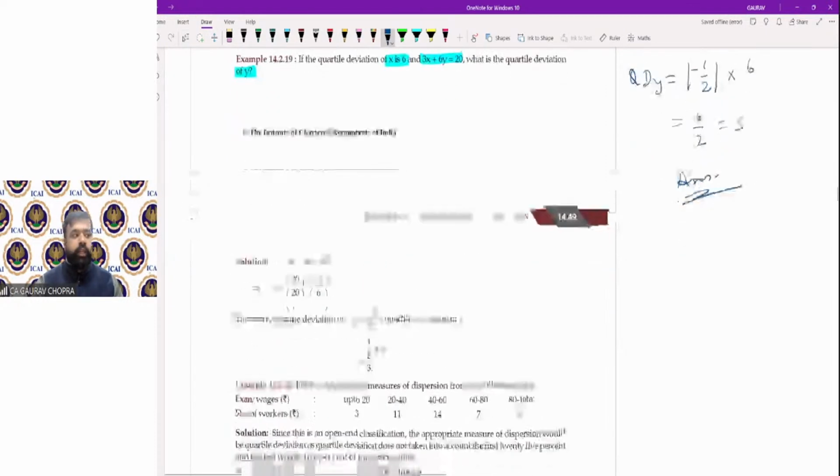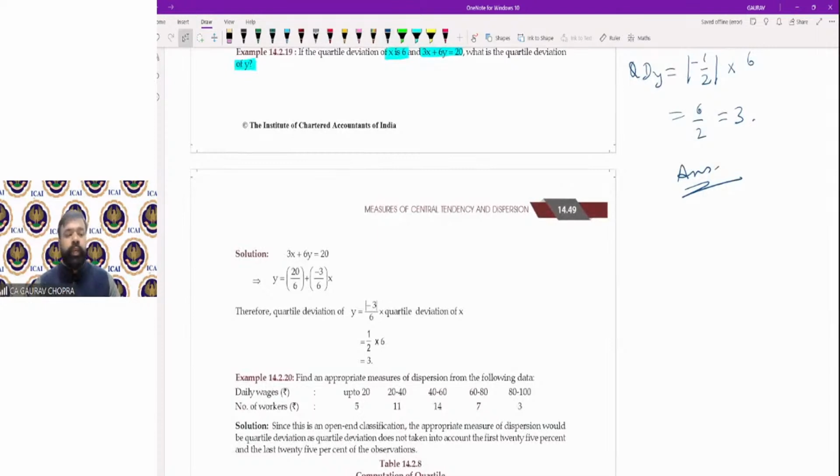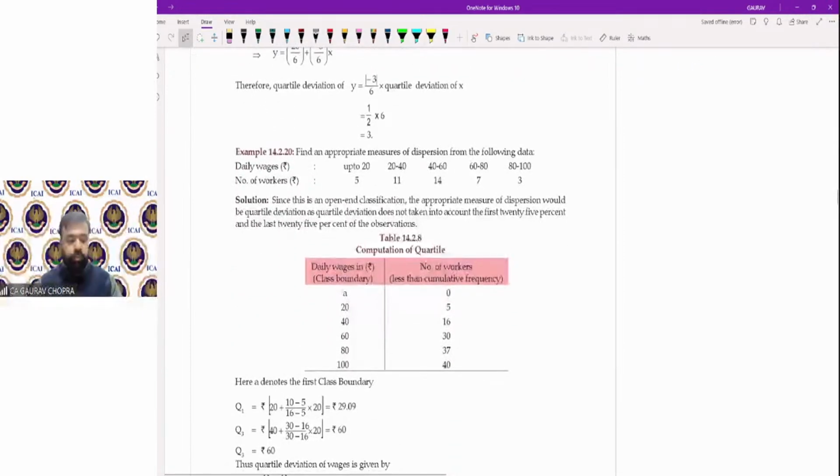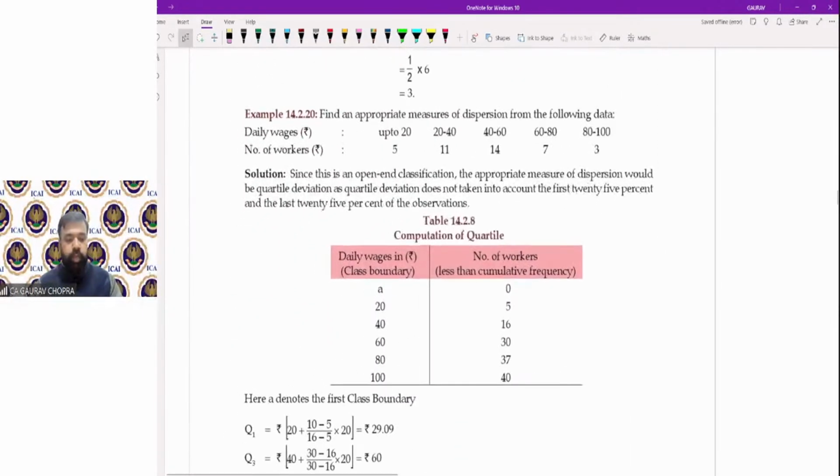So in this way, you can easily calculate your quartile deviation. Understood, everybody?